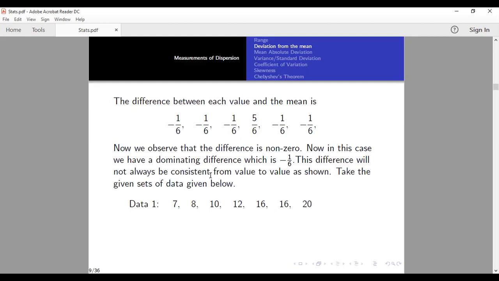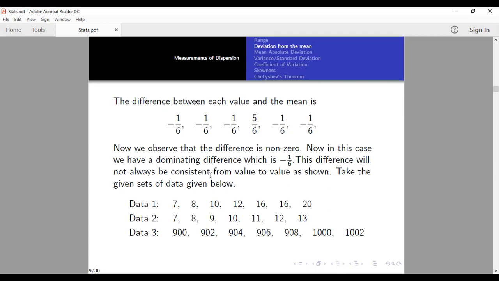Now let's take these sets of data. The first data is 7, 8, 10, 12, 16, 16, 20. The second data is 7, 8, 9, 10, 11, 12, 13. The third data is 900, 902, 904, 906, 908, 1000, 1002.